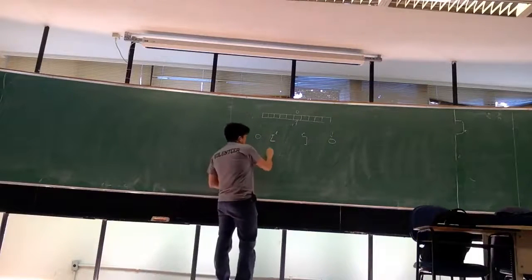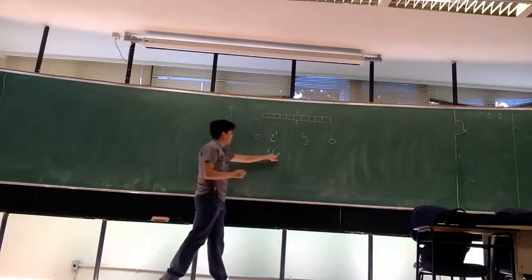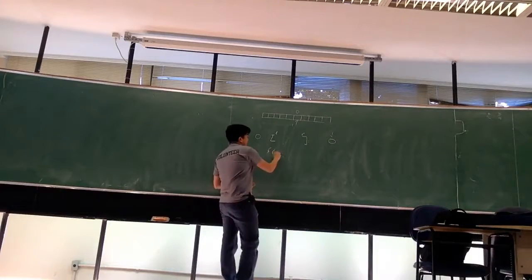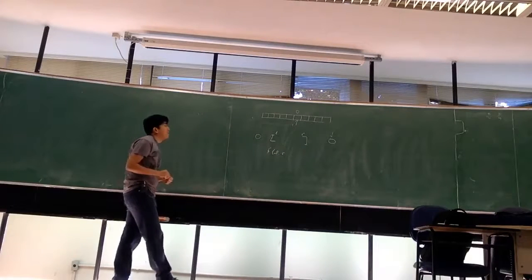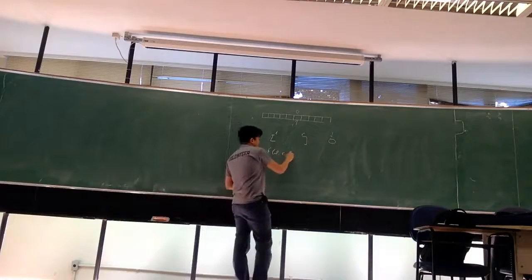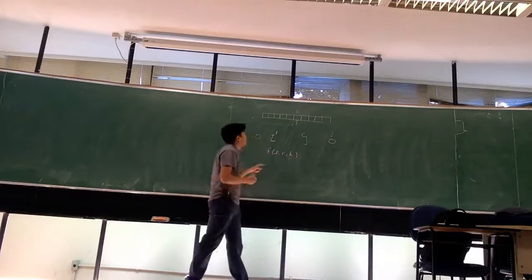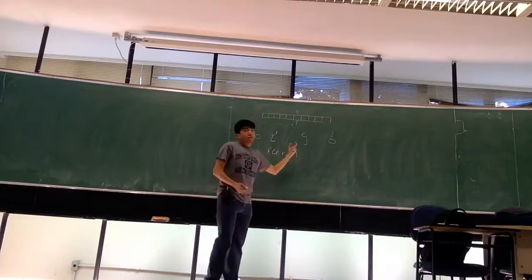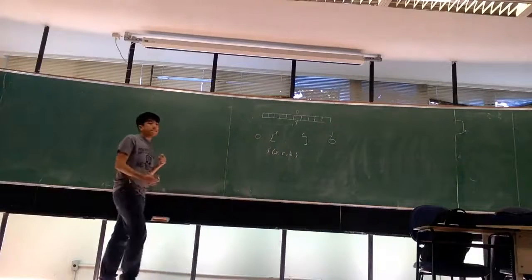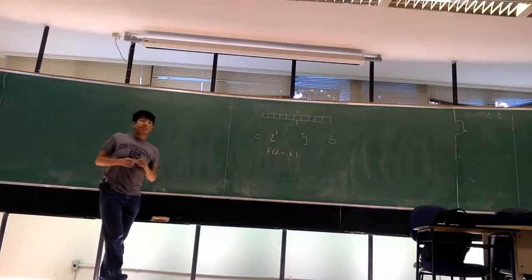My dynamic program will have the following state: the interval whose score I want to maximize, and how many guys there are to the right of this interval that are still not chosen.